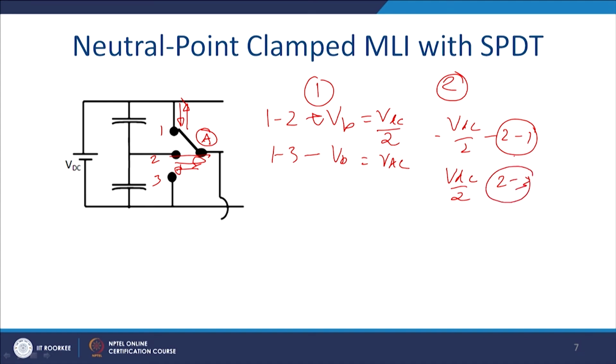In the same way, when it is put into position 3, the current is required to be bidirectional, and it is required to block the voltage between 3 and 2, that is VDC by 2, and between 3 and 1, that is VDC. So, how will you realize it with switches?